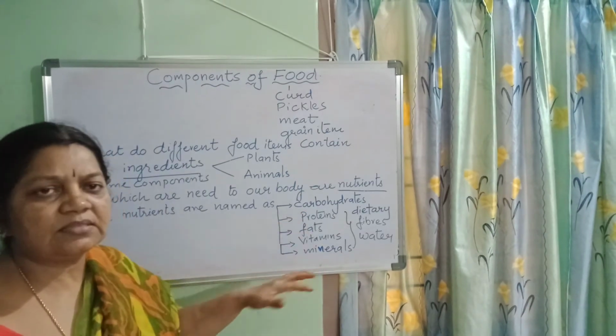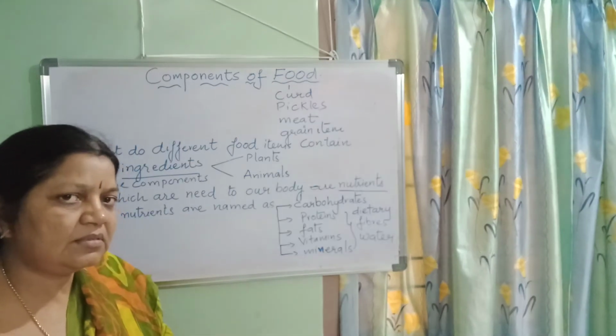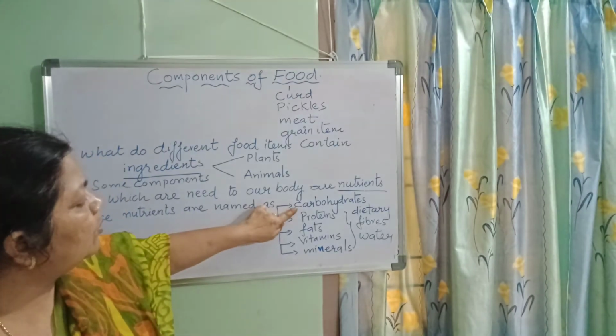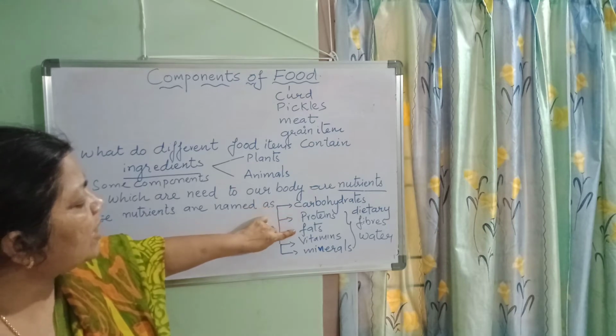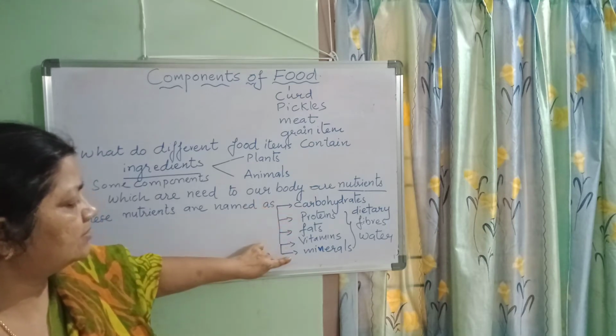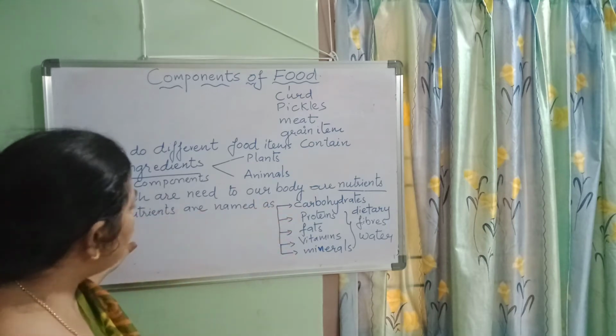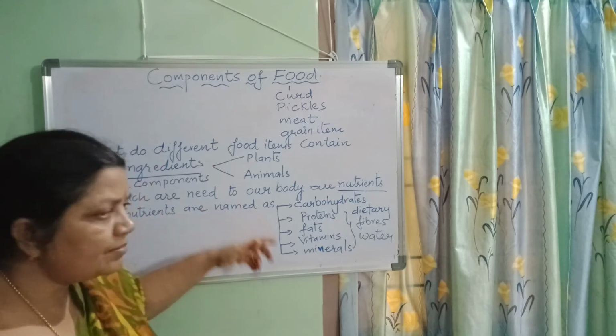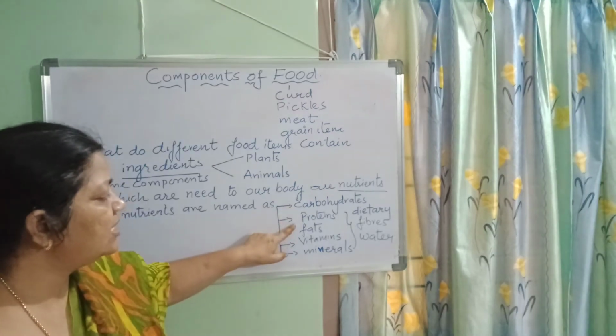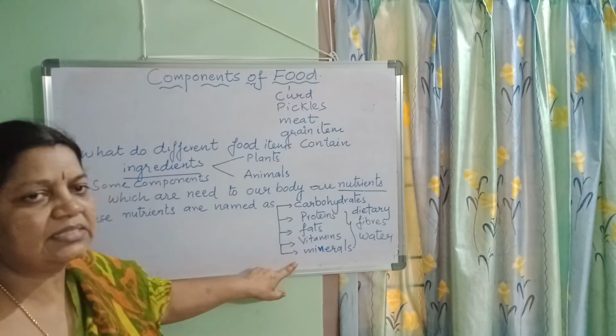These nutrients are named carbohydrates, proteins, fats, vitamins and minerals. Once again, these nutrients are carbohydrates, proteins, fats, vitamins and minerals.